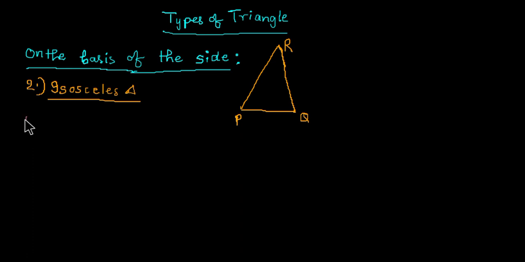A triangle whose two sides are equal is known as an isosceles triangle.